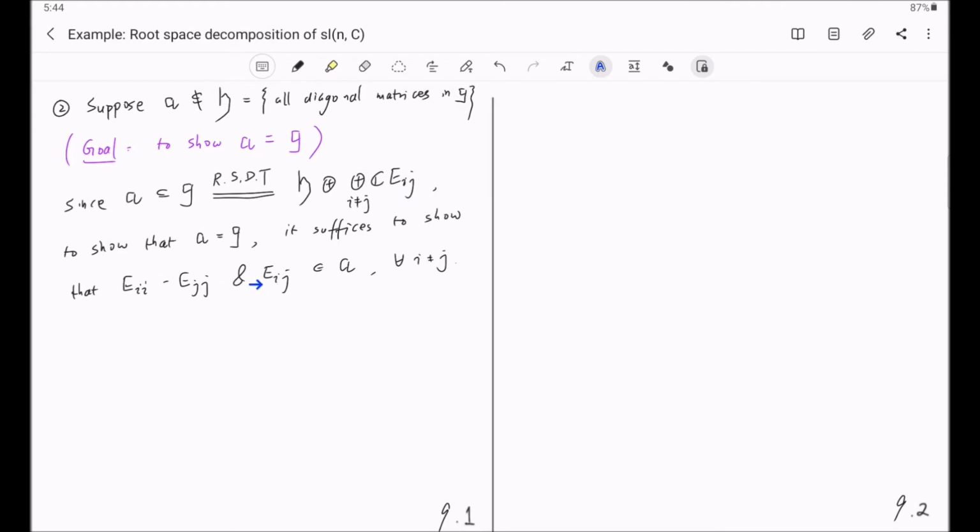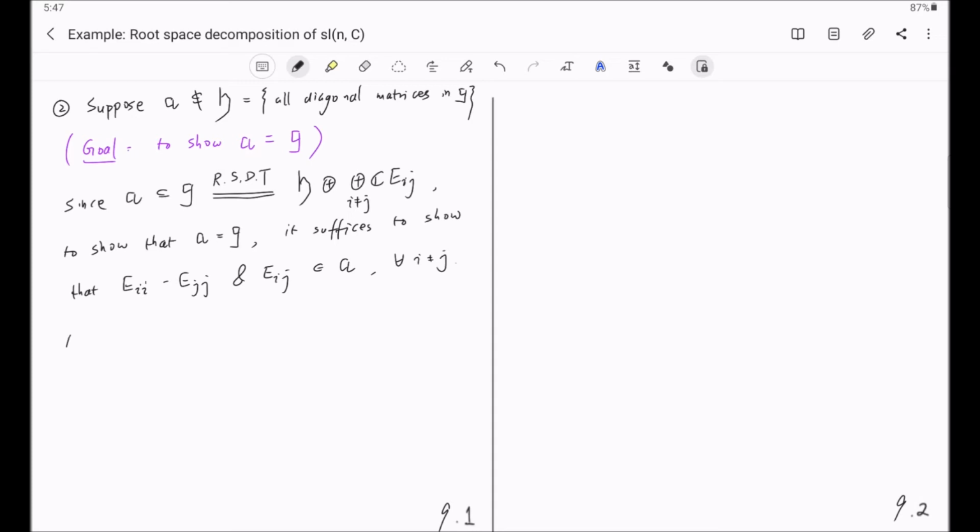If you can prove this for all i not equal to j, then you proved that A must consist of all vectors in G by this root space decomposition. Actually, we are just using this in a very trivial way. We are just considering this as a decomposition of a complex finite dimensional linear space.